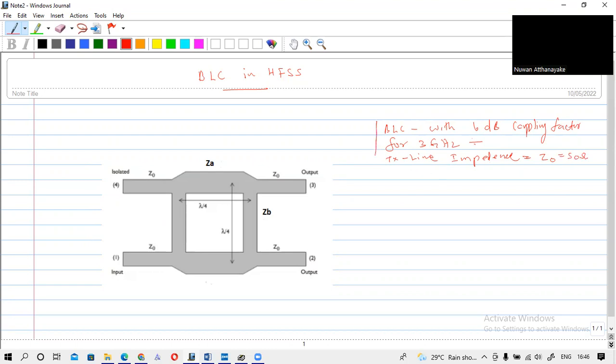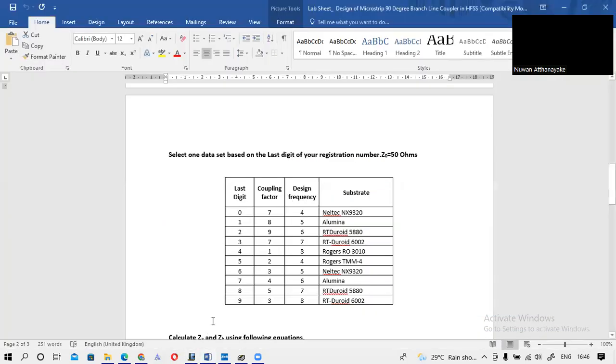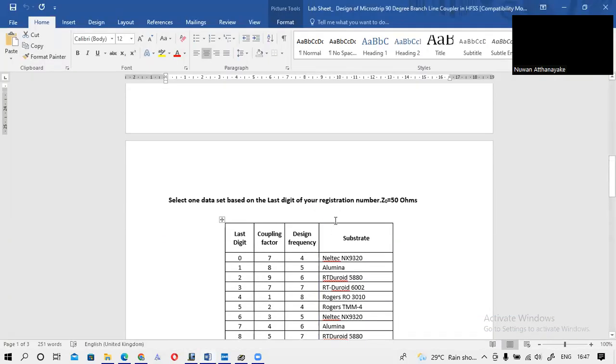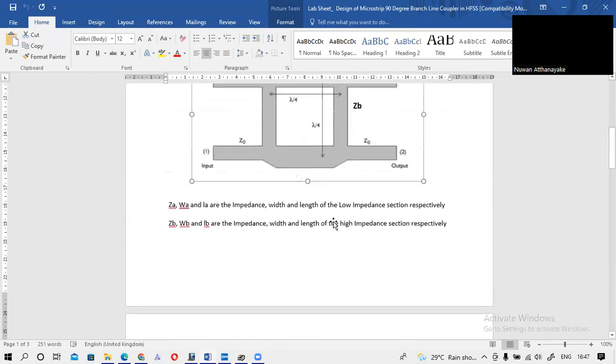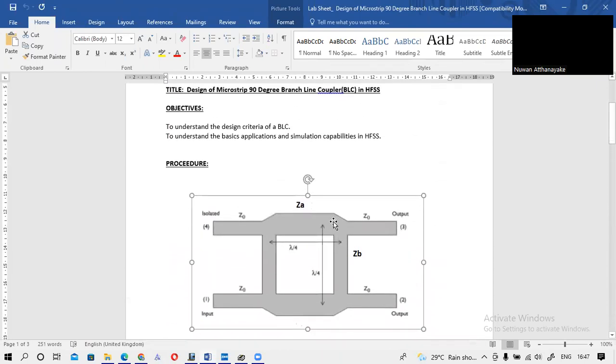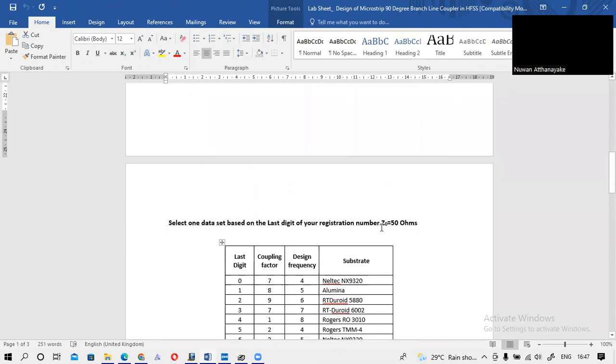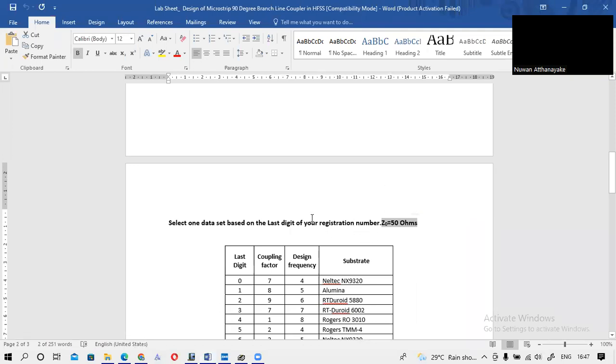All the designs are based on a transmission line with 50 ohm characteristic impedance. All these branch line couplers are matched to a 50 ohm transmission line. It is given here.